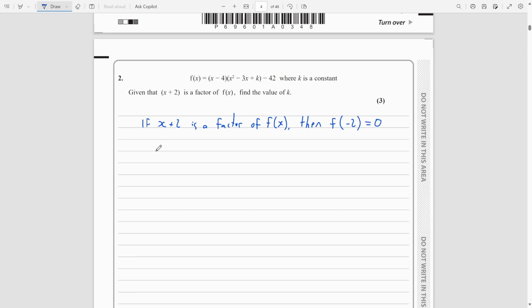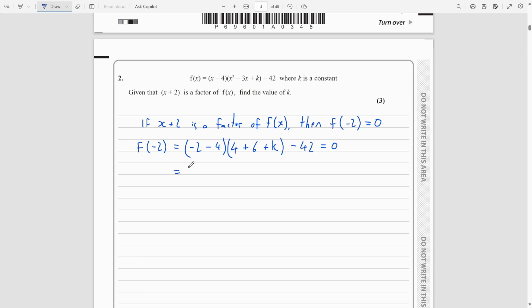So I'll just need to work out what f of -2 is. That just involves putting -2 into this formula. So that's -2 minus 4, multiplied by -2 squared, which is 4, minus 3 times -2 is plus 6, and then there's a plus k here, minus 42. And that should equal 0.